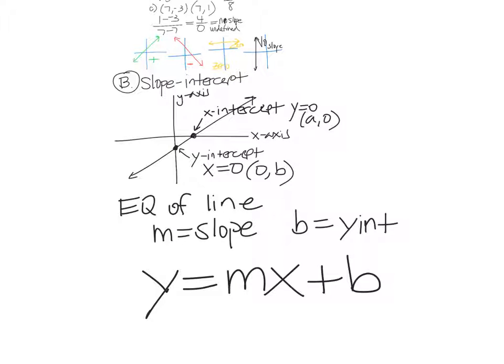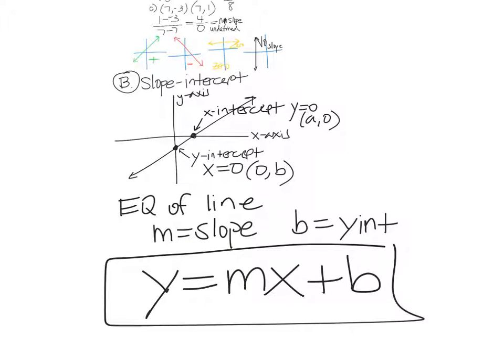I'm sure you've heard that before. There it is. y equals mx plus b. That's the equation of a line in slope-intercept form. That's the first of our 3 forms that we're going to learn. All right, so let's do some things with it.